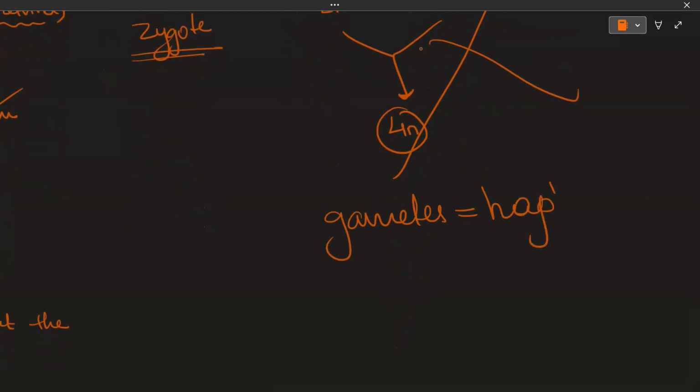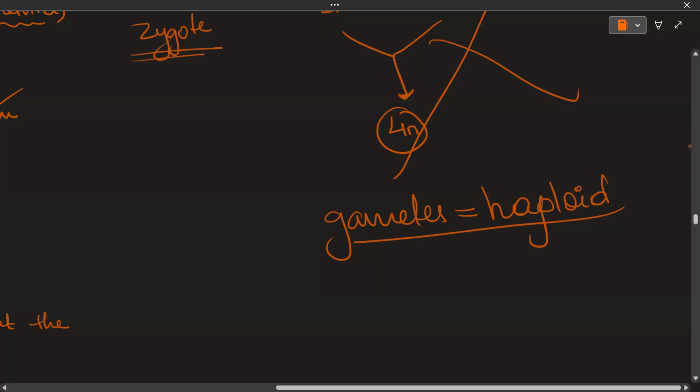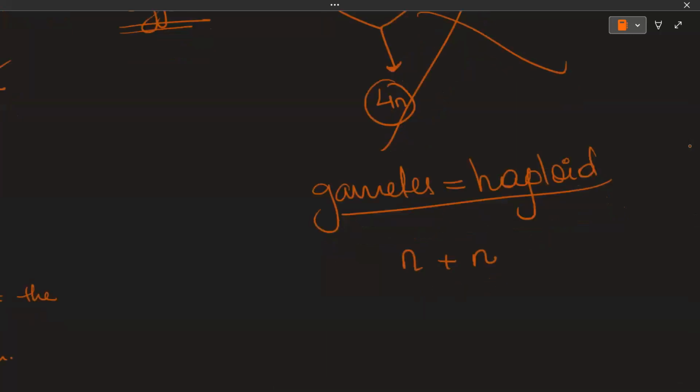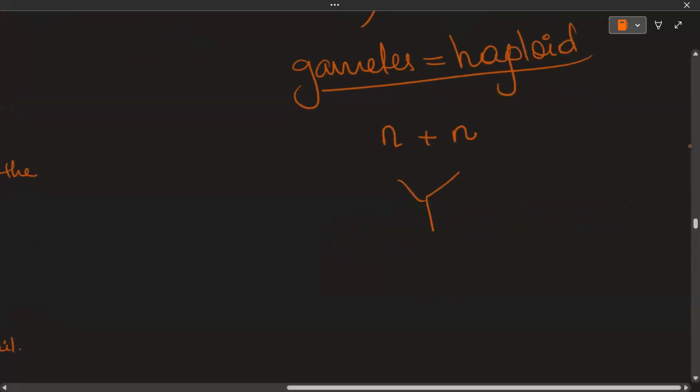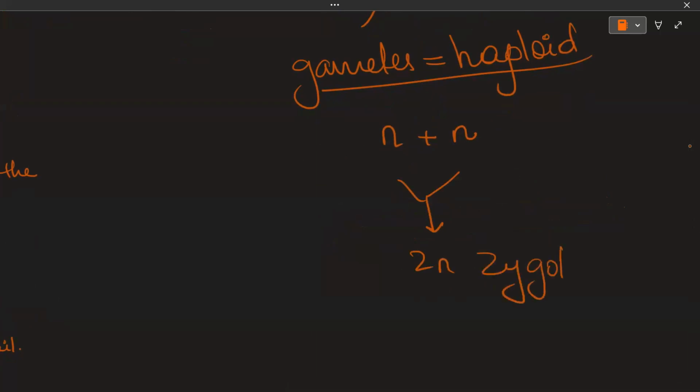They will always be haploid, so as to maintain the ploidy in the zygote. So, for example, if two haploid gametes fuse, what will they form? A diploid zygote. Is it clear to every single person here? Yes, ma'am. Any doubts? No, ma'am.